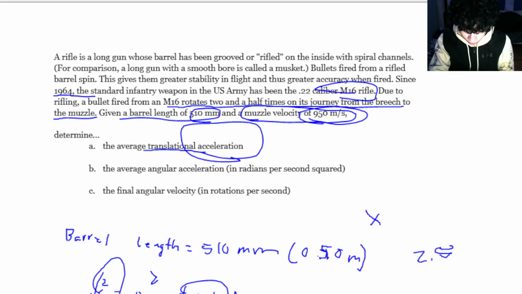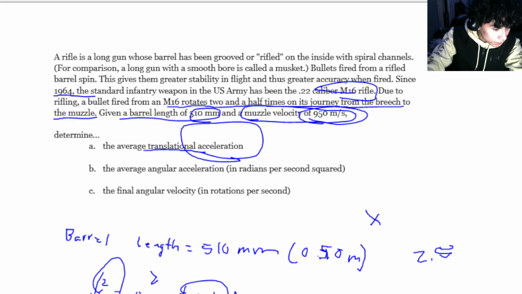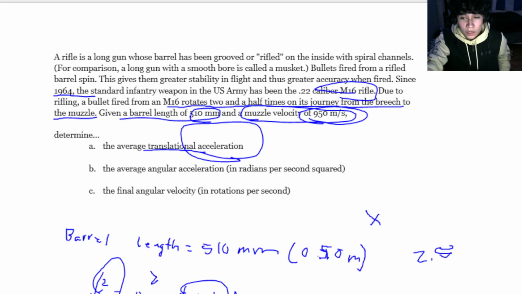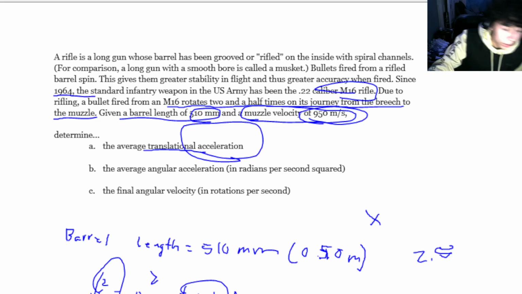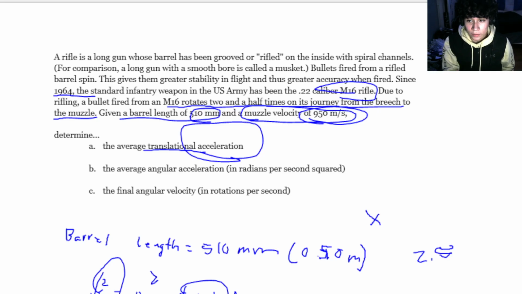Okay, so then we got this. You should get a pretty lengthy number in your calculator. I'm really just simplifying this because I'm no professor, so I'm explaining this in my own manner. It's a pretty weird number, but basically the bullet would accelerate at about 880,000 meters per second squared inside the barrel.